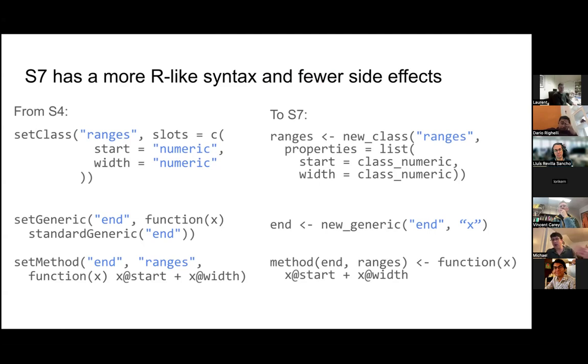So rather than having export classes and export methods and things to import, these are just objects that you can import and export using the existing namespace functionality. And so if you wanted to define a derivative of ranges in another package, you would just have to import the ranges object from your ranges package, and then pass that as the parent object for your class, right?